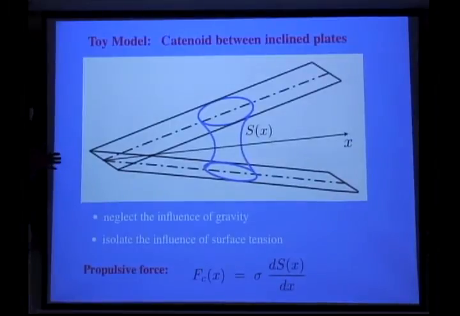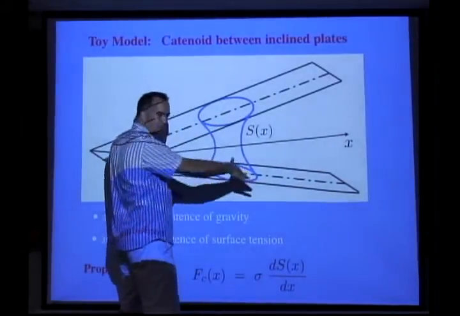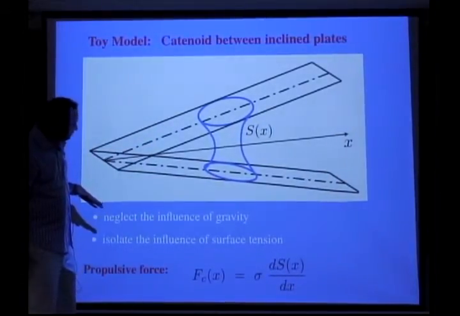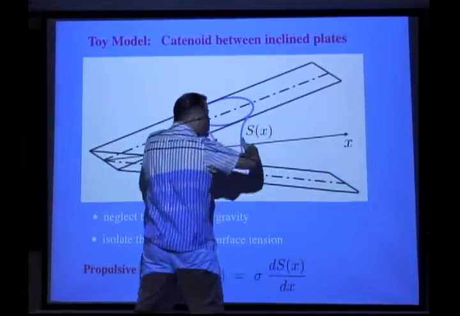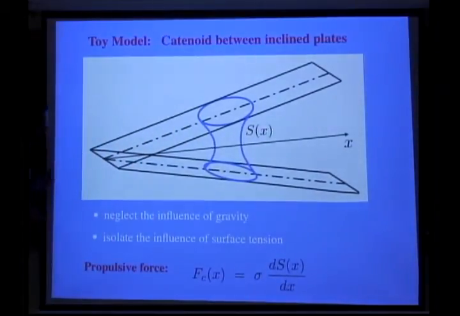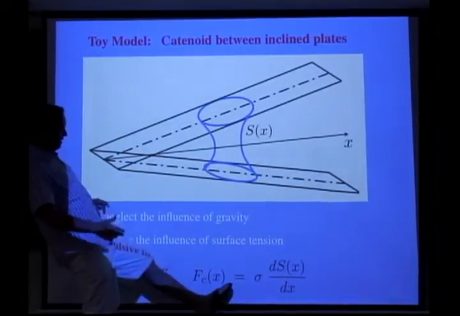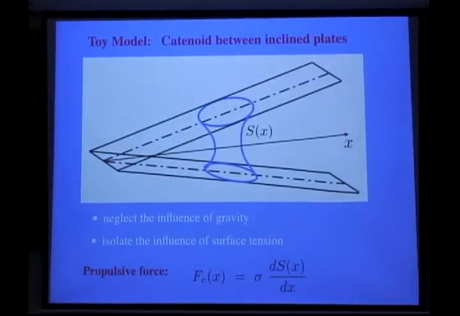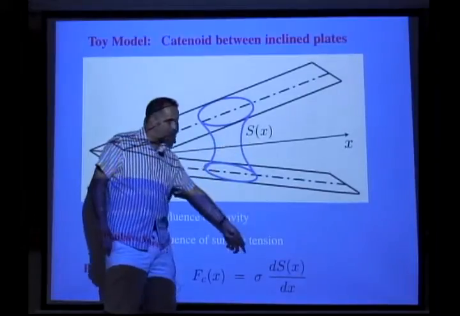And if gravity is negligible, then this thing is a catenoid. That's going to be the shape that minimizes the surface energy. So you can look at the surface energy of the whole system as a function of x. If you do that, then you know that the force acting on the drop is the gradient of that surface energy with respect to x. So it's simply the surface tension times the gradient of this area as a function of x.